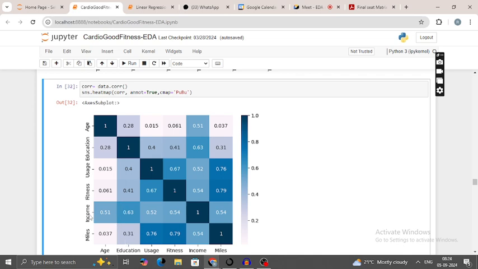For example, income and education, what is the correlationship? 0.63. It is a positive correlation, greater than 0.5, greater than 0.6, 63 means 63%. There is a 63% chance that people who are educated will most likely have an income dependent upon their education background, right?